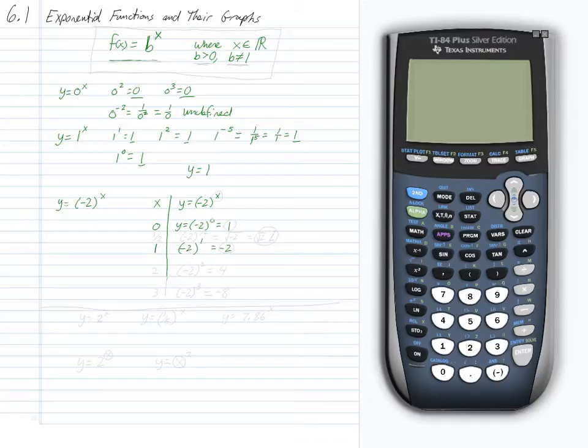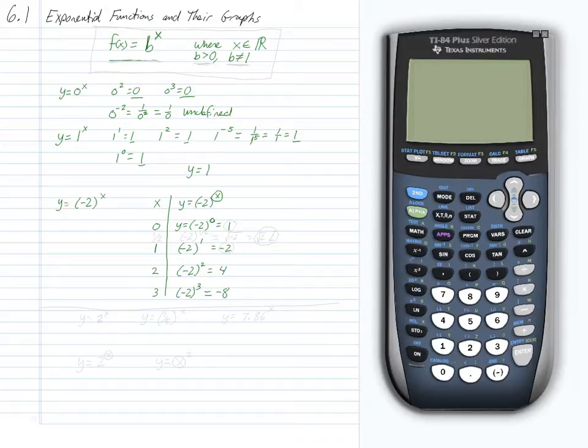If we square negative 2, we get positive 4. So we have a positive output, then a negative output, then a positive output. Let's go one further. If we cube negative 2, notice that I am plugging x into the exponent. Our variable is in the exponent now, no longer down on the ground floor of our expression. If I cube negative 2, I get negative 8. So we see how this flip-flops from negative to positive.